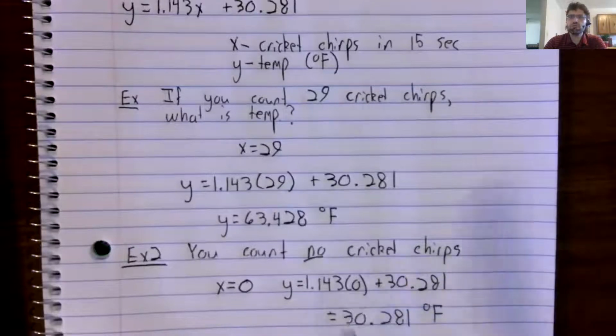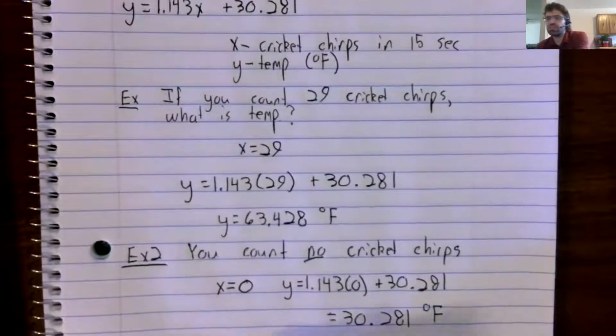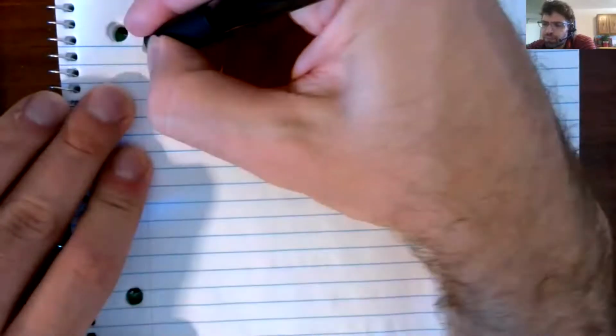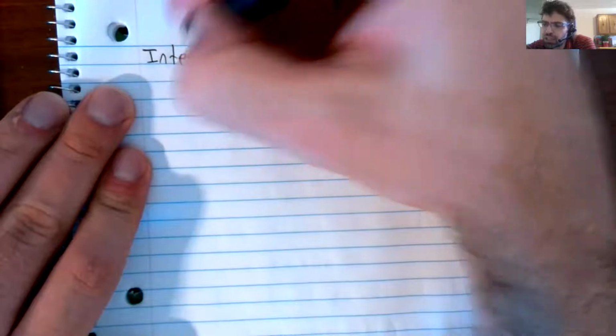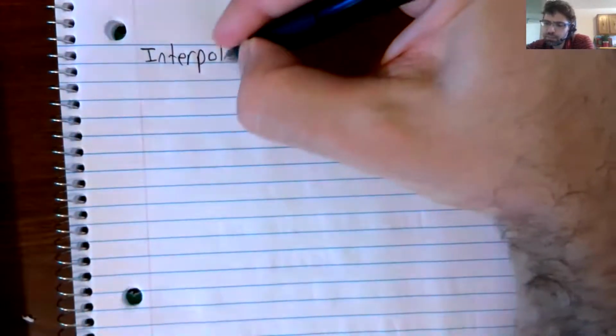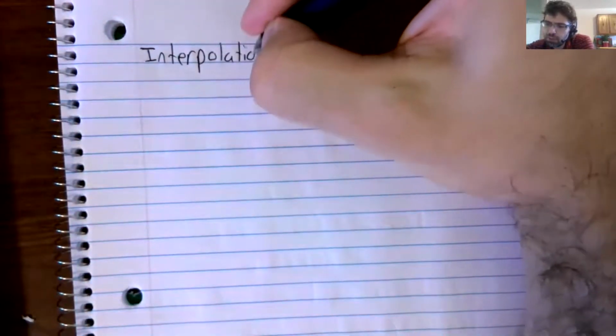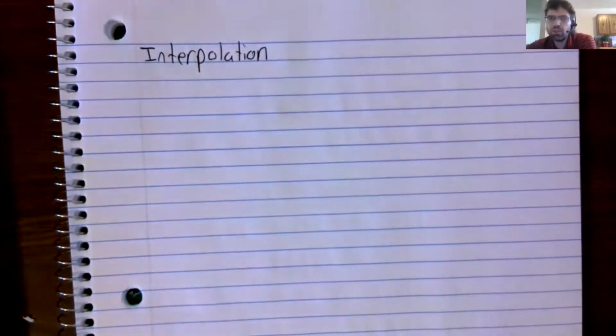What went wrong here? This is the difference between interpolation and extrapolation. So in the last page, we made 2 predictions.